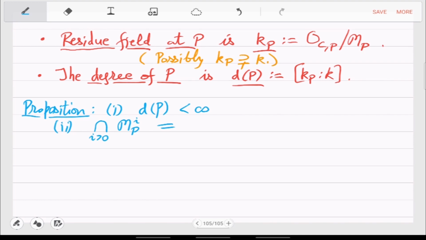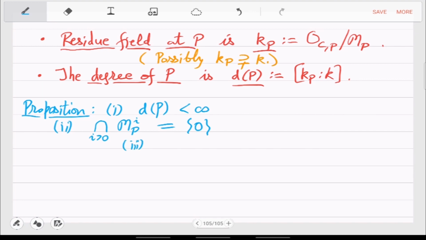Can there be a function which is present in all these powers, M_P to the i? We'll show that the only thing that is present is 0.